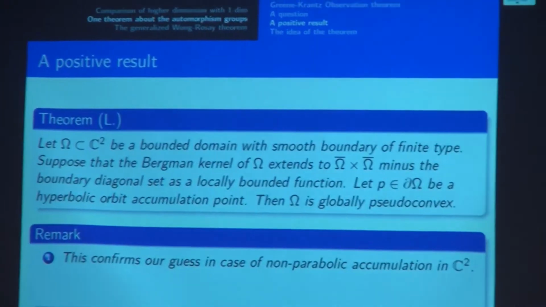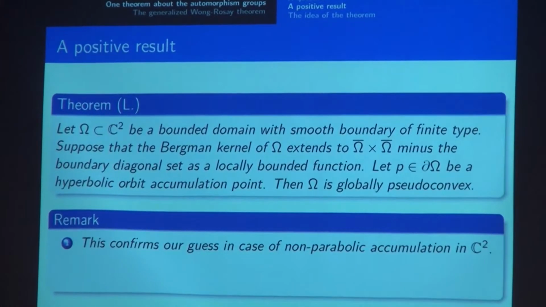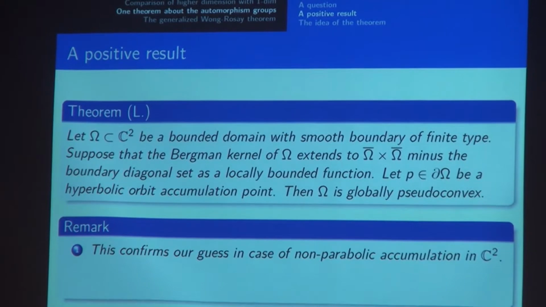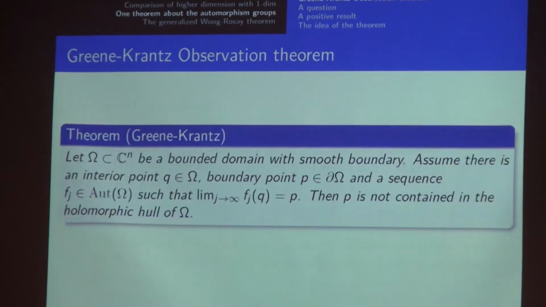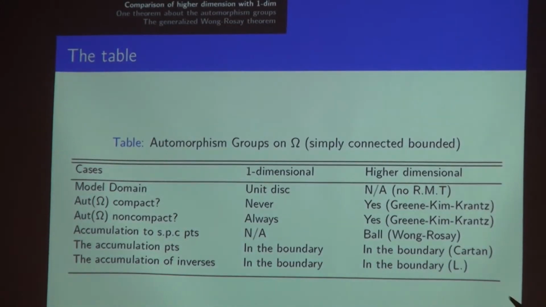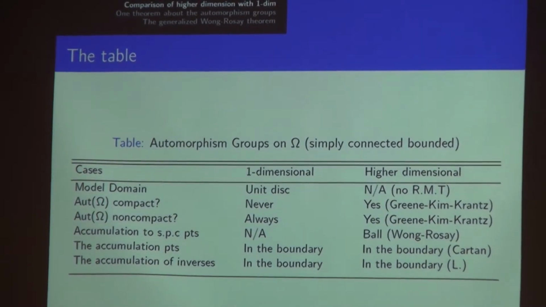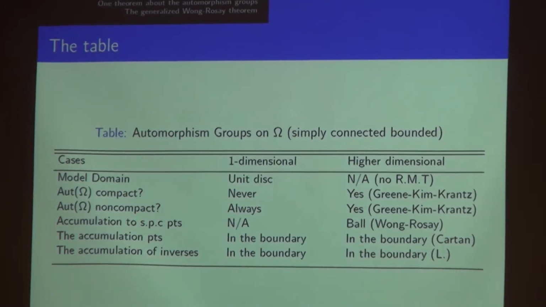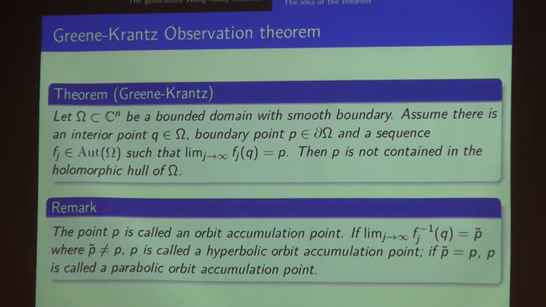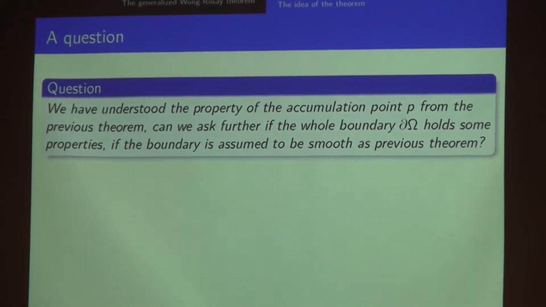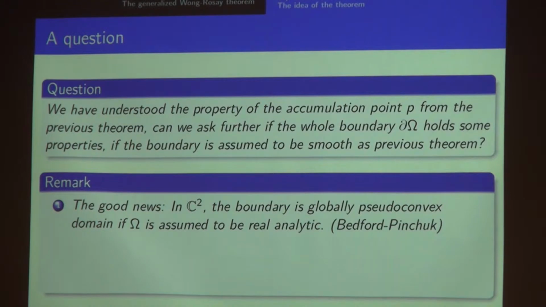Okay, several remarks. Firstly, this confirms our guess in the case of a non-parabolic accumulation point in C2. Why do we say hyperbolic, why non-parabolic? Because by the previous property, if a boundary is assumed to be of finite type, then if the point is not hyperbolic, it must be a parabolic accumulation point.